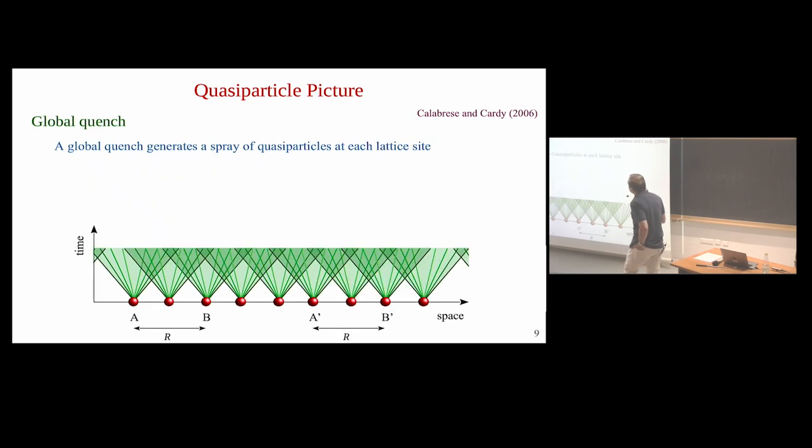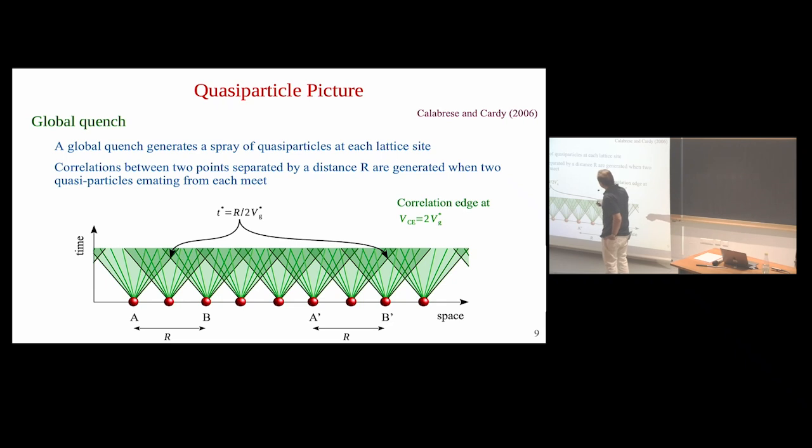In my case, I consider a global quench, so the idea has to be developed a bit more. A global quench will generate a spray of quasi-particles at each lattice site, as you can see here, and then correlations between a point A and a point B separated by a distance r will be activated at an activation time that is the distance divided by twice the maximum group velocity.